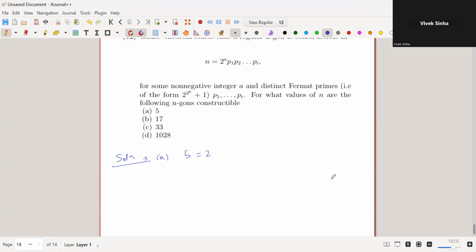A can also be 0, because here a is some non-negative integer, so positive or 0 is allowed. So this is 2^2 plus 1, so this is a Fermat prime. So this implies that a regular 5-gon is constructible.